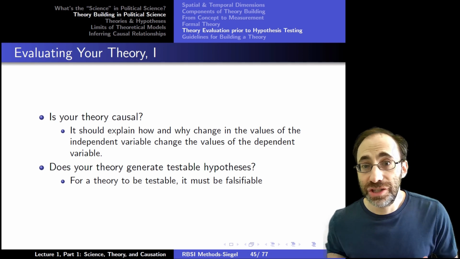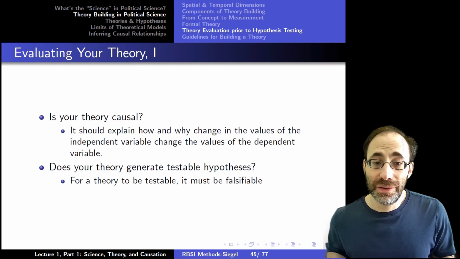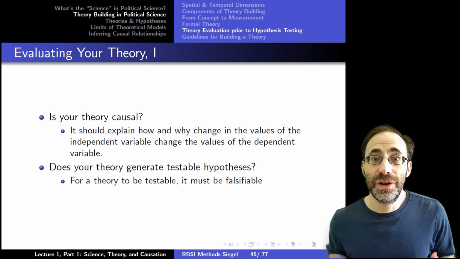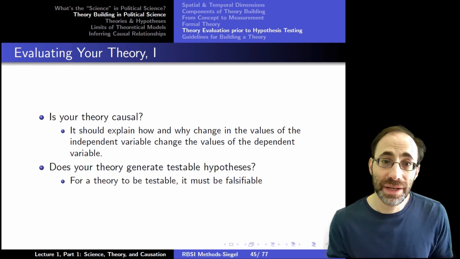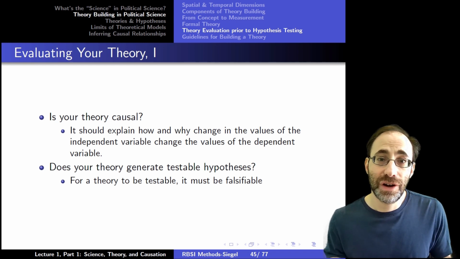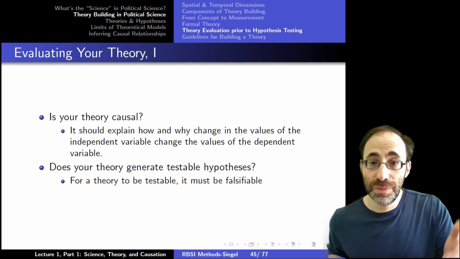Two: does our theory generate testable hypotheses? As I said before, for a theory to be testable, it must be falsifiable. So our theory must produce falsifiable hypotheses, ones we can go out and test with empirical data and see whether or not we have support for that theory or if our hypothesis is rejected. This is key, and these two both are key.